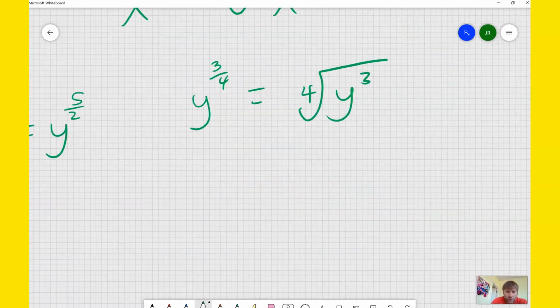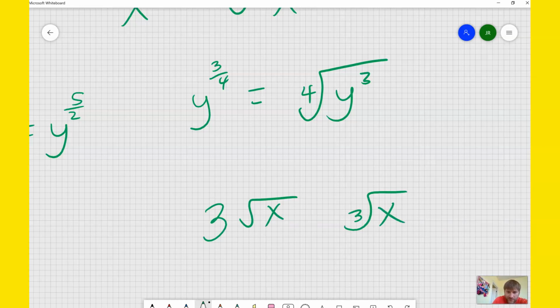Let me make one note here. There's a difference between this and this. This is not the same thing. On this left one, this 3 is written in a normal size font. It's not written in the small font inside that check mark. So this means 3, and since there's no operator, it means times the square root of x.